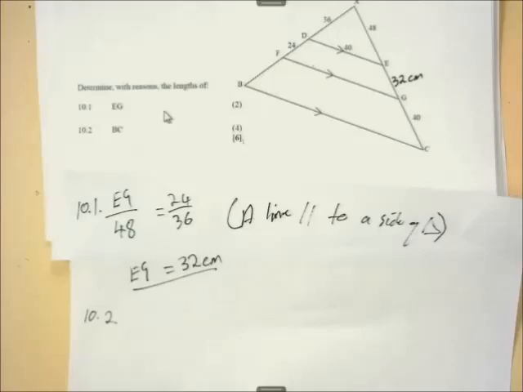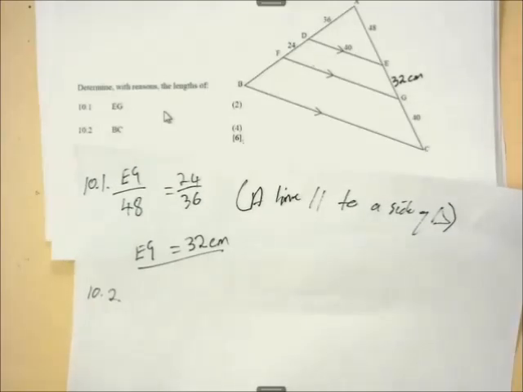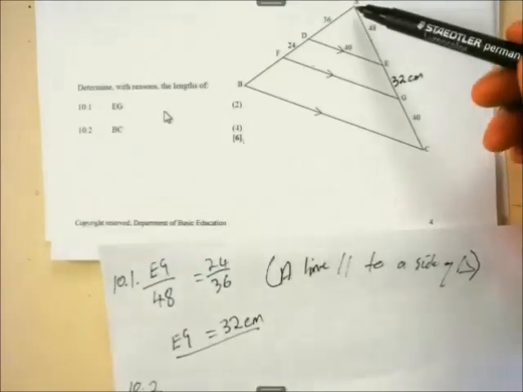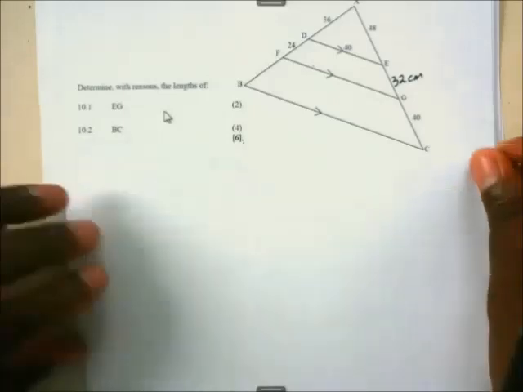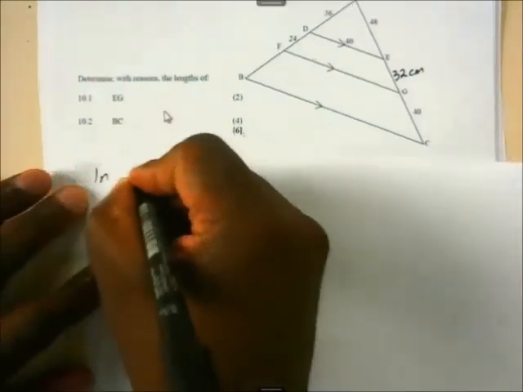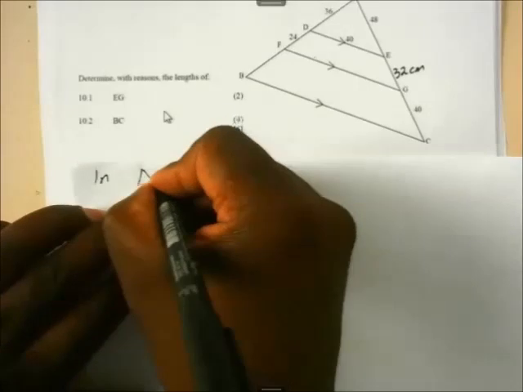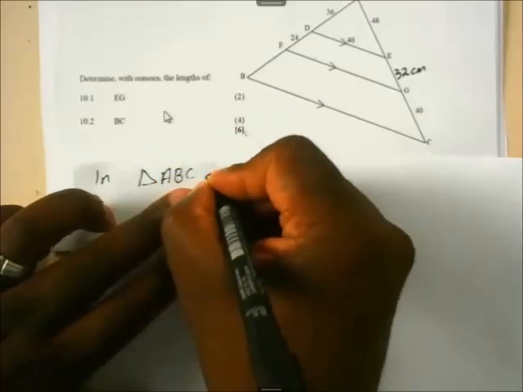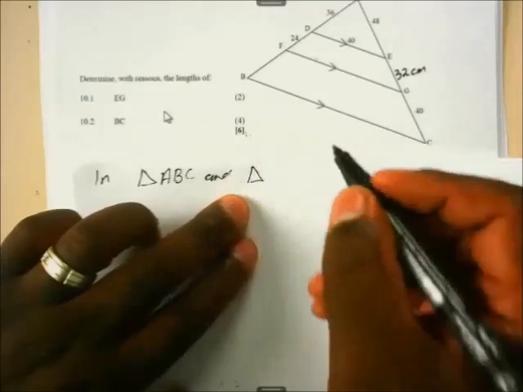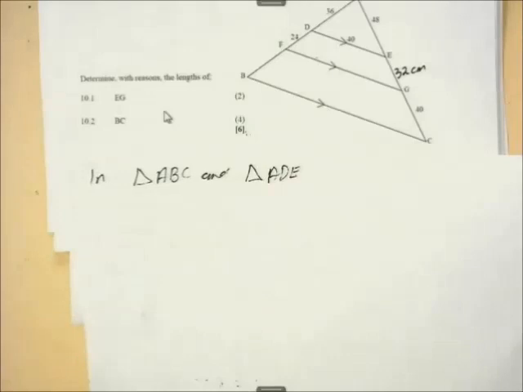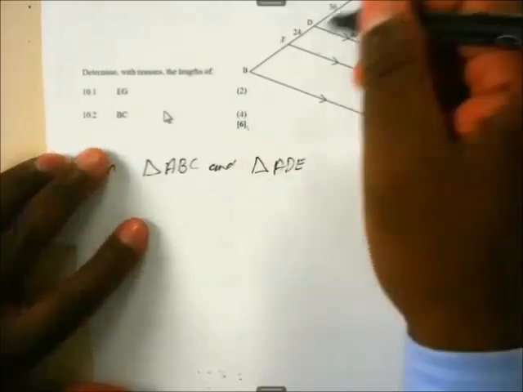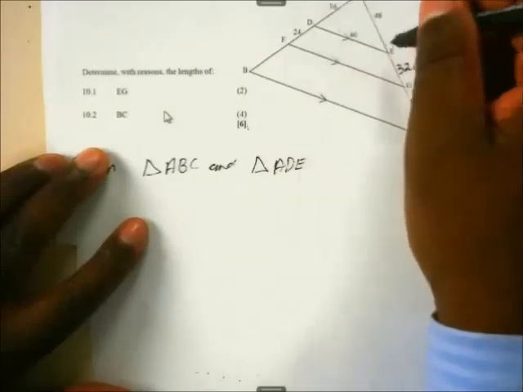Remember, in grade 12 again, we have what we call the similarity theorem. Let me take 2 triangles: this bigger triangle, triangle ABC, and triangle ADE.